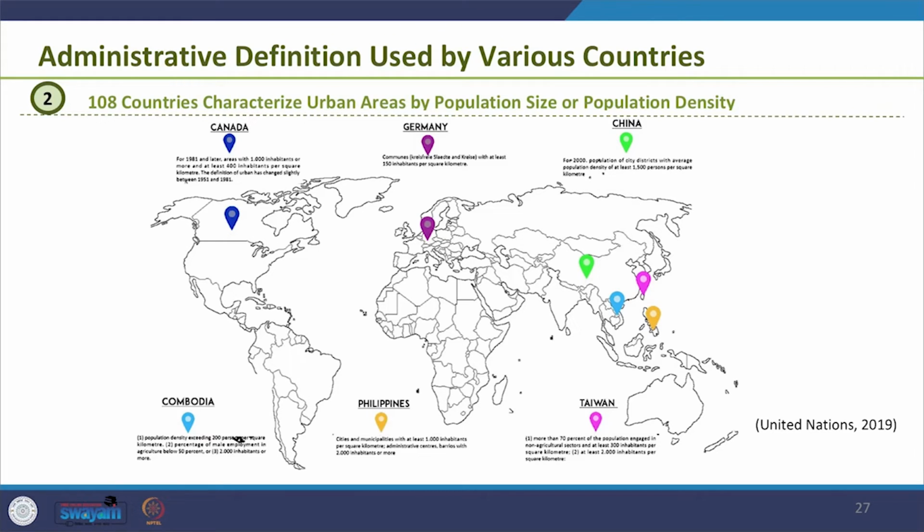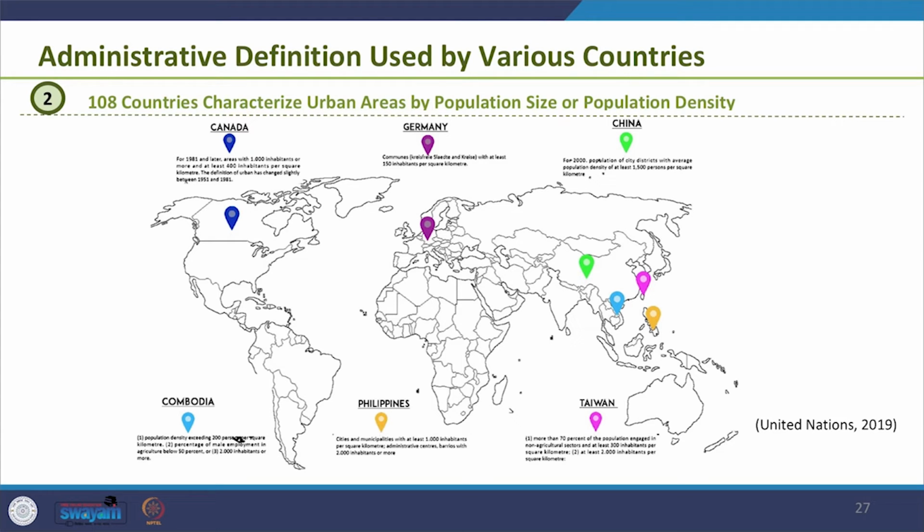The report also says that 108 countries categorize urban areas by population size or population density. Here we see some examples out of these 108 countries. We see Canada, which uses population size or population density.